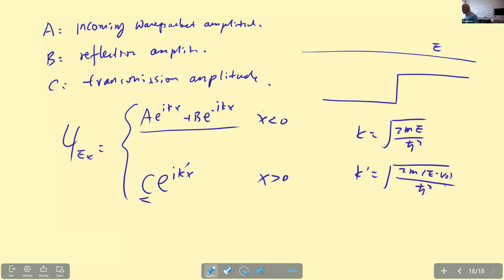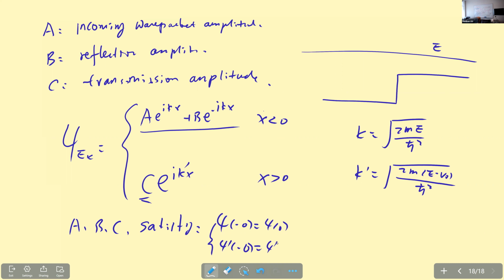Because now you have 2 equations at the joint point, right? A, B, C satisfy psi(0-) equals psi(0+), and psi'(0-) equals psi'(0+). So these are the boundary conditions at x equals 0.